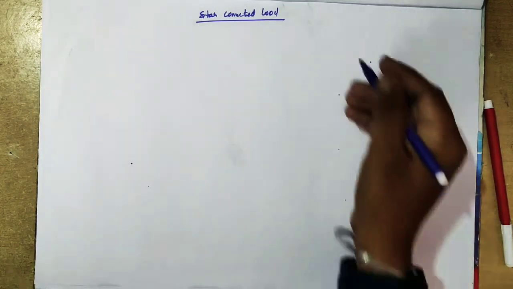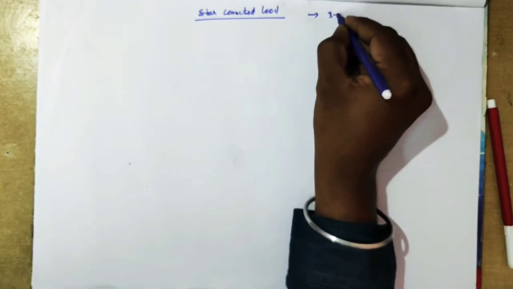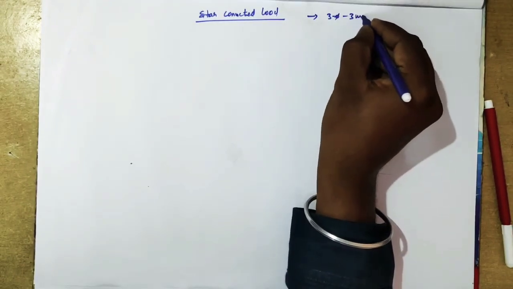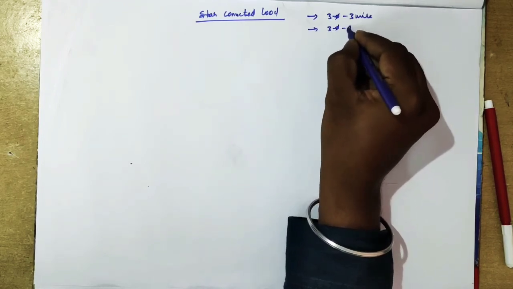So in general, we have two types of star connections. That is three phase, three wire, and three phase, four wire.